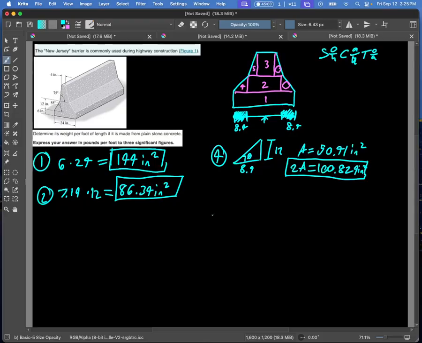So what shapes do we need now? We have 1, we have 2, and we have these 2. So that's covered. We need 3 and 5. Shape 3 is, well, goodness. We know it's going to be 4 times the height, but what's the height? Well, let's analyze triangle 5 now.